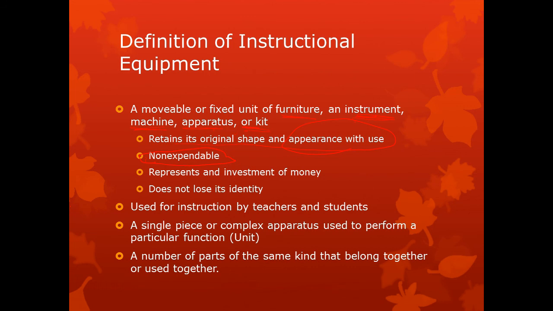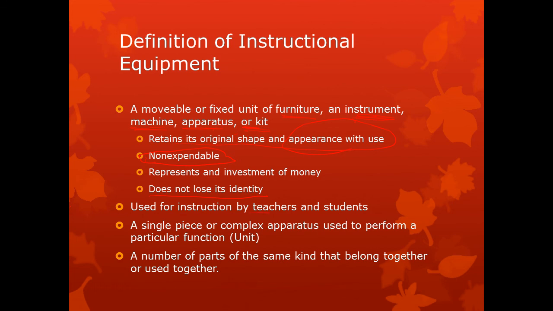It represents an investment of money. People are going to spend a whole lot of money, maybe on a piece of equipment or something like that. It is a capital kind of investment, and it doesn't lose its identity. If it's a welding machine, it stays a welding machine. We don't change the terminology there.